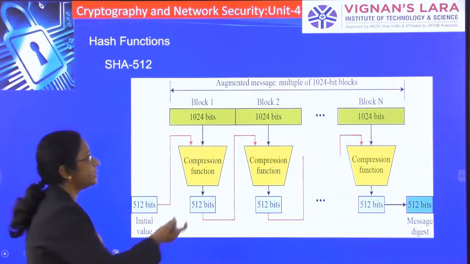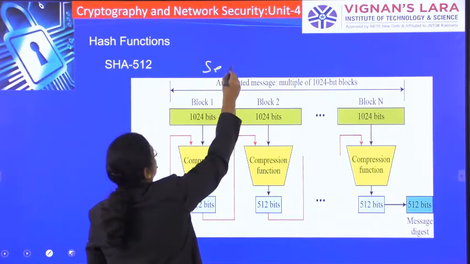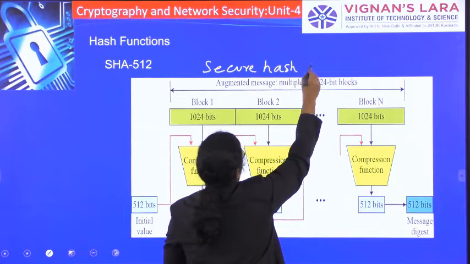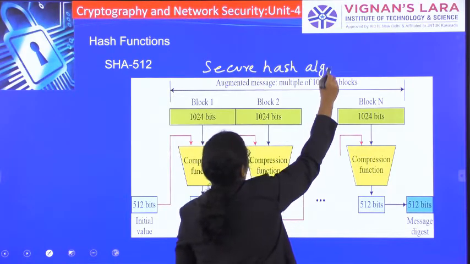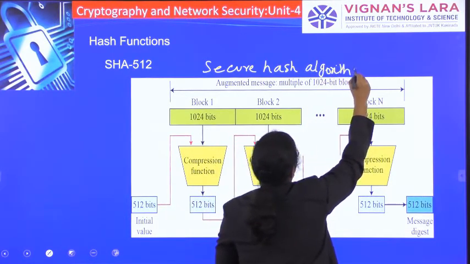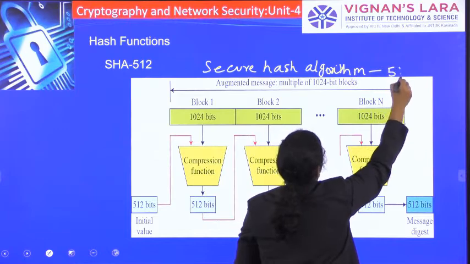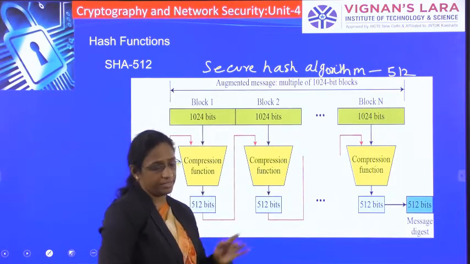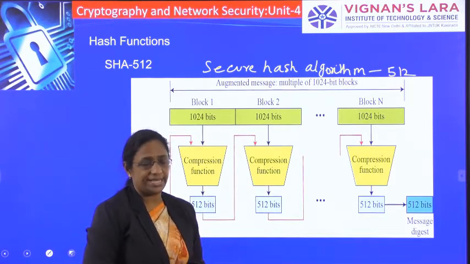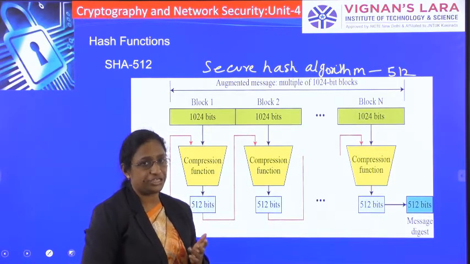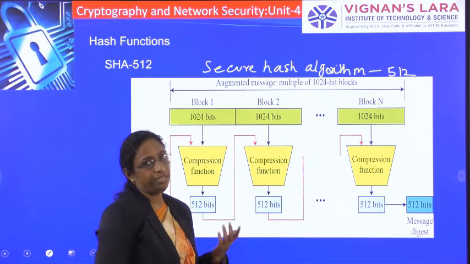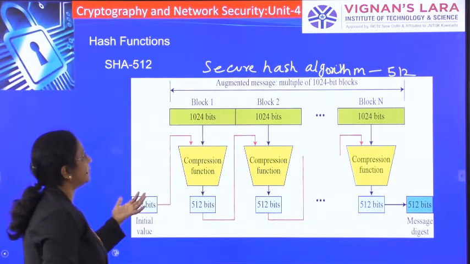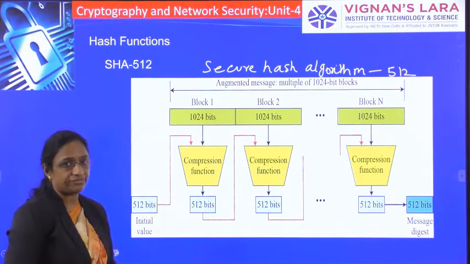SHA stands for Secure Hash Algorithm. 512 means that it generates a message digest of 512 bits. So this hash algorithm generates a message digest, or we can say modification detection code, of 512 bits.